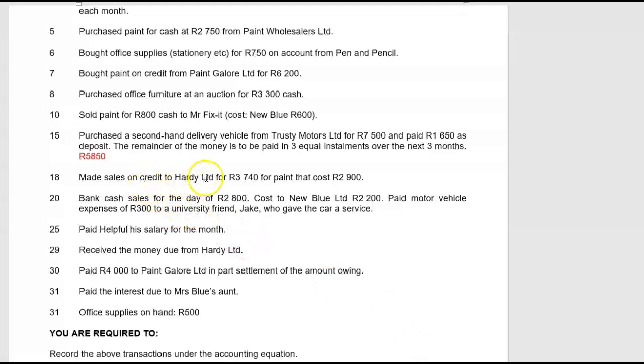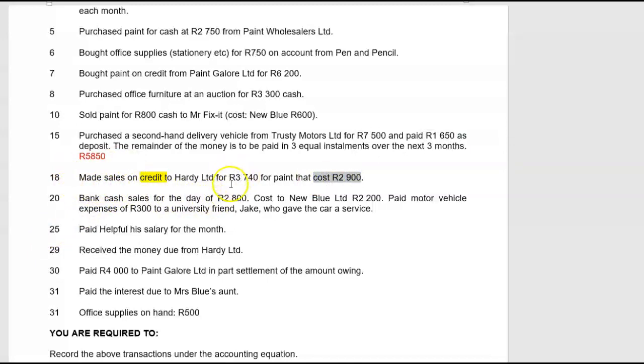Made sales on credit to Hardy Limited for 3,740 Rand for paint that cost us 2,900 Rand. So the first important thing is that it is a credit sales transaction. And then we have to adjust our inventory figure with a cost price of paint sold, which is 2,900 Rand. So let's do the sales transaction first. He didn't pay us, so we can't debit bank.